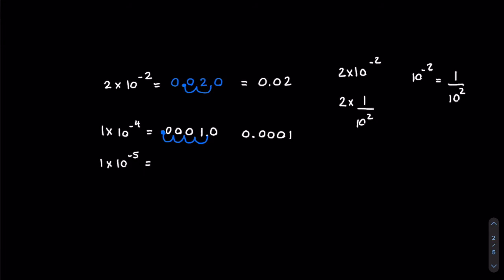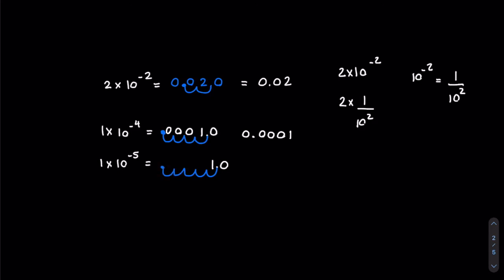All right, so now let's do the same thing with a 5. Once you get a good idea of it, you can just go ahead and skip the process, and you know that there's only going to be one more 0 right here. But let's do it just to show how it works yet again. So we have 1.0, and we have to go to the left 5 times this time. So 1, 2, 3, 4, and 5.